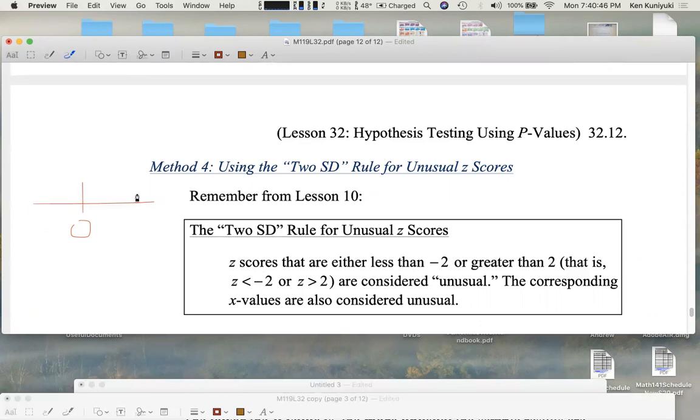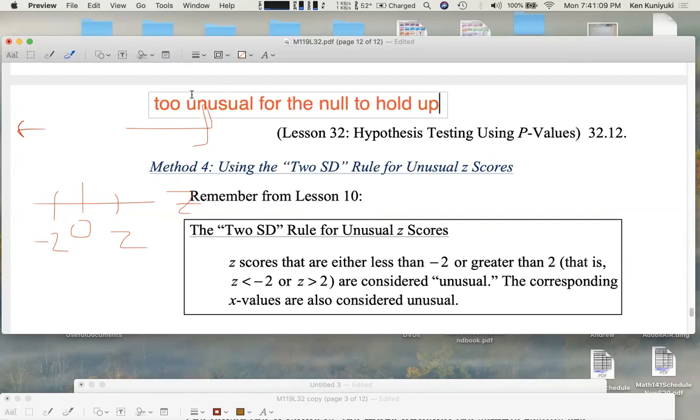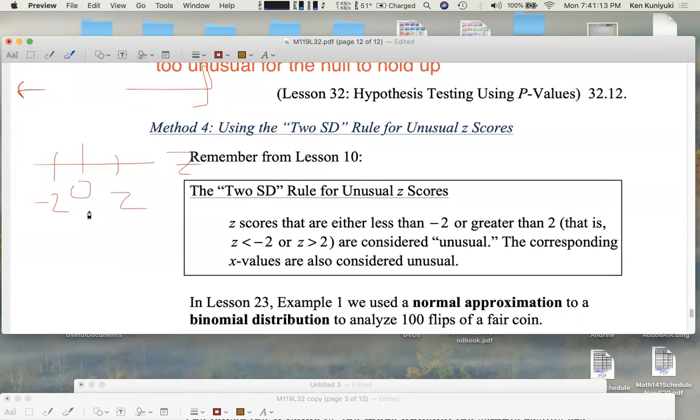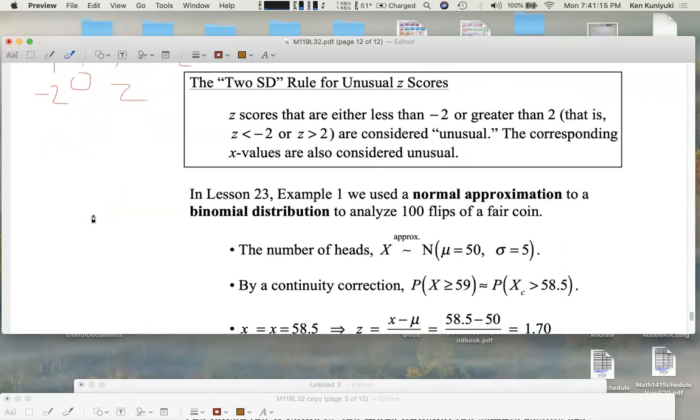On this number line for z, here's -2, here's +2. If your z-score is too extreme, then we're going to say that that's too unusual for the null to hold up. If you're in between here, not so unusual.